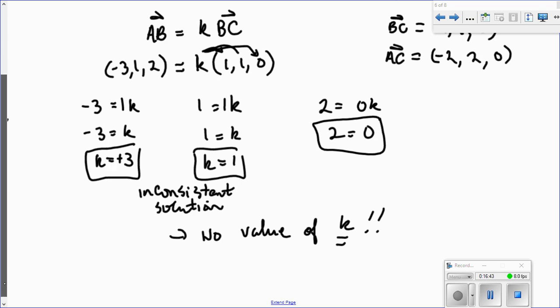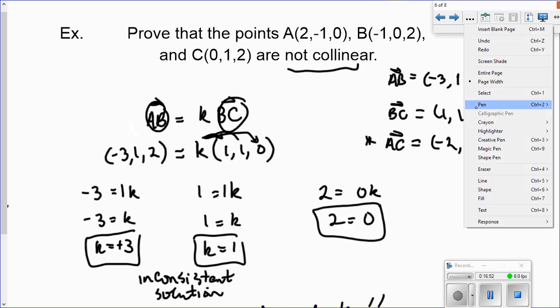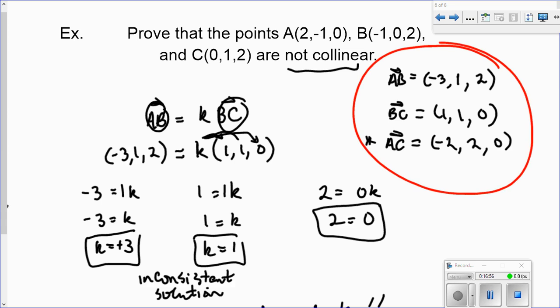Now we could have used AC. I calculated AC. I could have used it in here or in here. But I want to go back to looking at my 3 direction vectors. Is there any way that these 3 direction vectors are going in the same direction? All you have to do is look at factors.